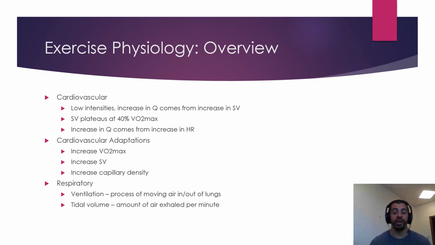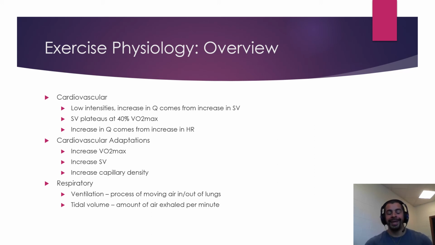We can either increase the amount of blood we pump per beat, or we can increase the amount of times we beat. So at very low intensities, the amount of blood we pump is primarily determined from an increase in the amount of blood pumped per beat, not a raise in your actual heart rate.